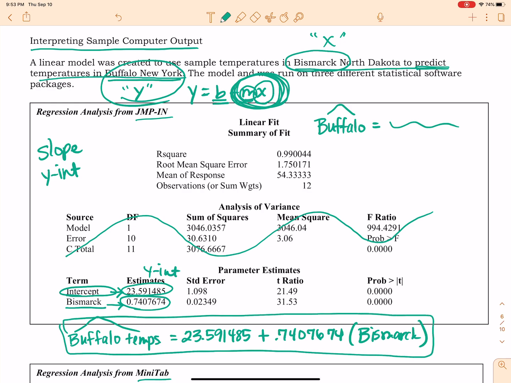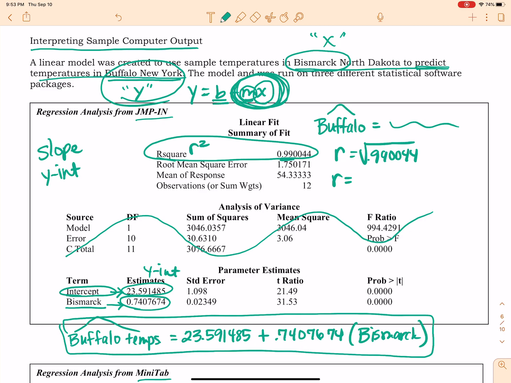What else can you get from computer output that we might need? See this right here? R squared. That's R squared, or the coefficient of determination. So r squared is this 0.99 right here. And if I wanted the correlation coefficient, which is r, I would simply take the square root of this.